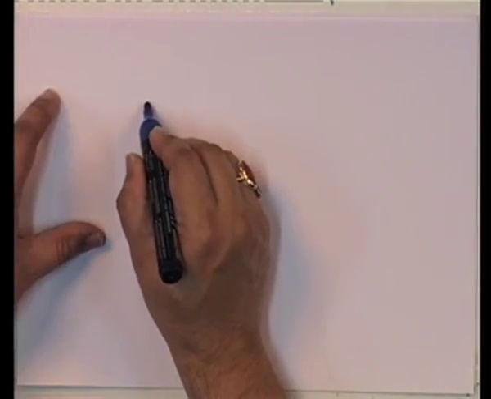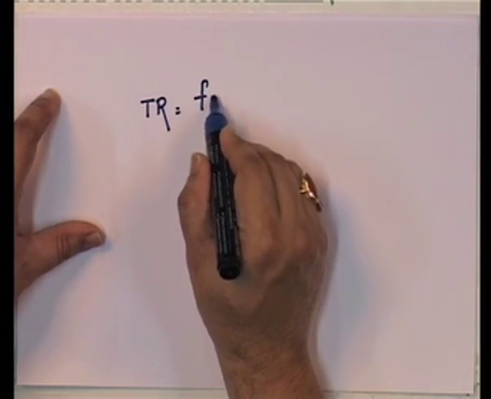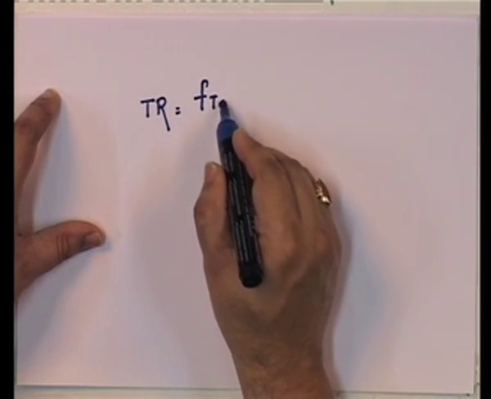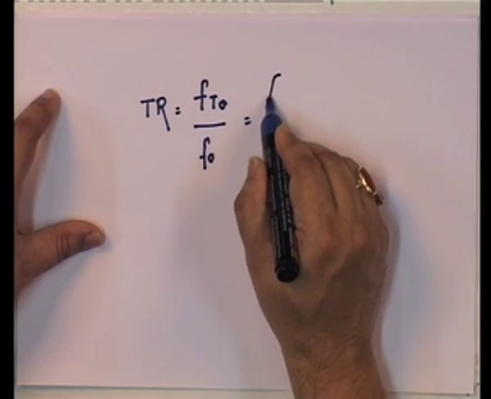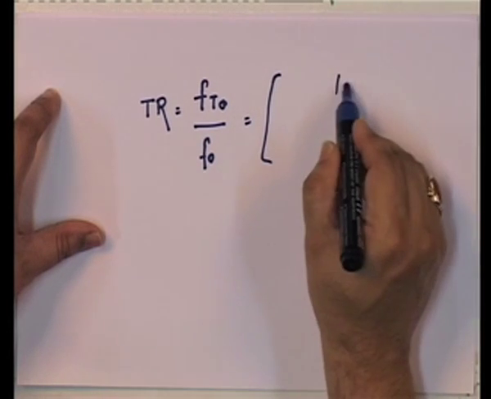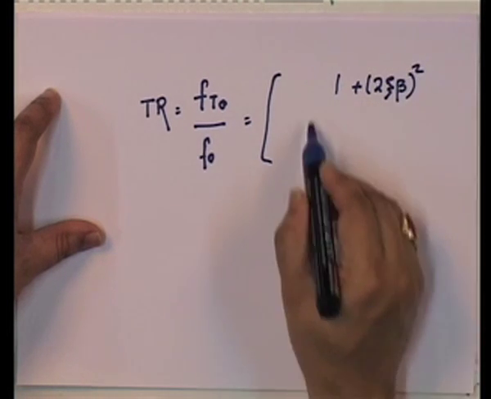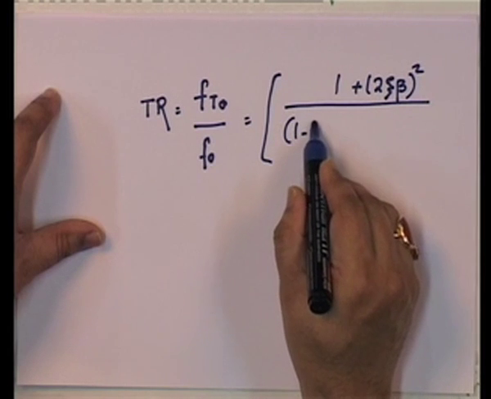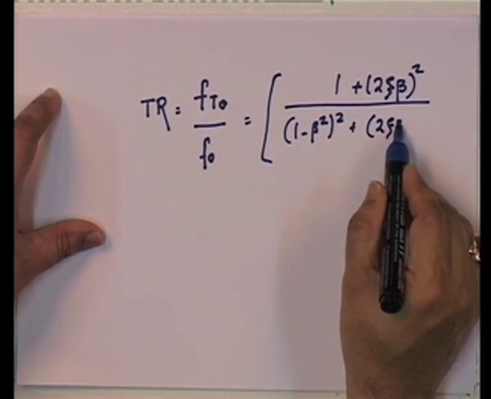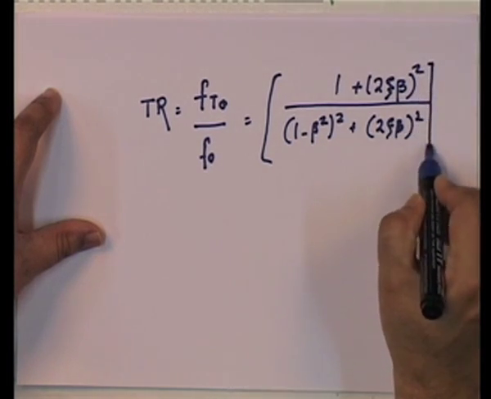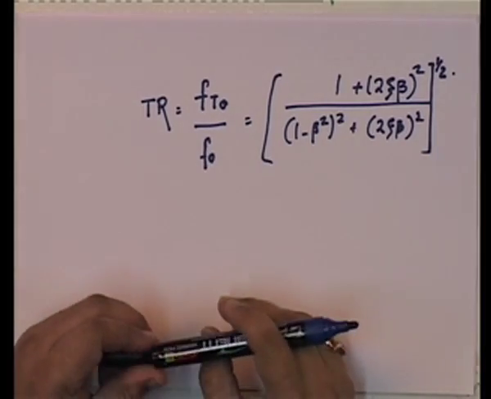We got the transmissibility ratio, which was given as F_T, the force transmitted to the floor, upon the amplitude of the force, and this was equal to the expression that we derived for the transmission of the force.